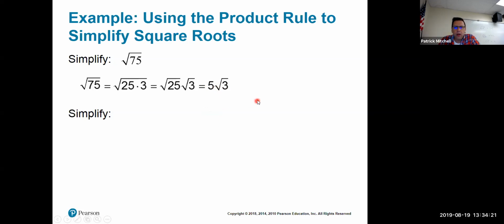Okay. And then sometimes, of course, they throw the alphabet into the mix. So here we have the square root of 5x times the square root of 10x. To simplify that one, I am going to use the product rule going in the other direction. Instead of taking one radical and breaking it into 2, I'm going to take 2 and combine it into 1.